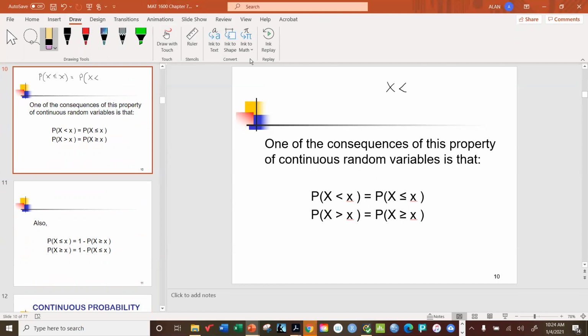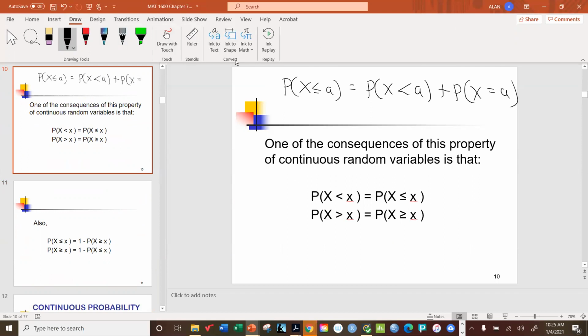It's hard to show a difference between lower and uppercase x. Let's just put it like this. The probability that x is, let's say, less than or equal to a, equals the probability that x is strictly less than a, plus the probability that x is exactly equal to a. Okay, I think we'll all agree that this is true.